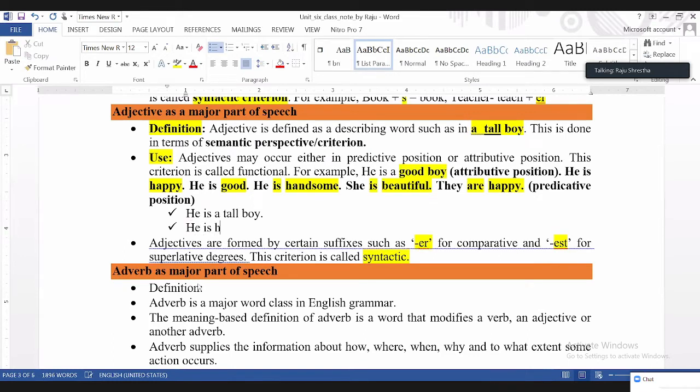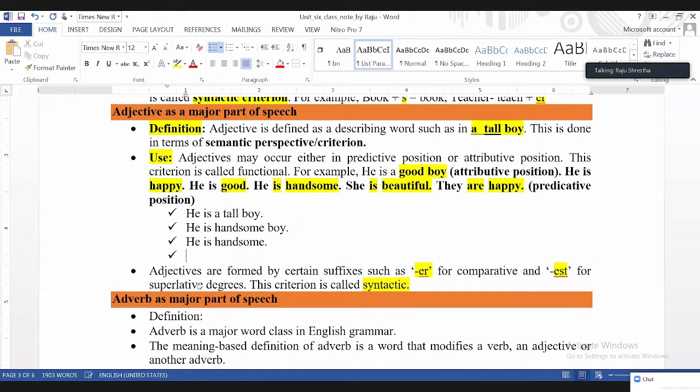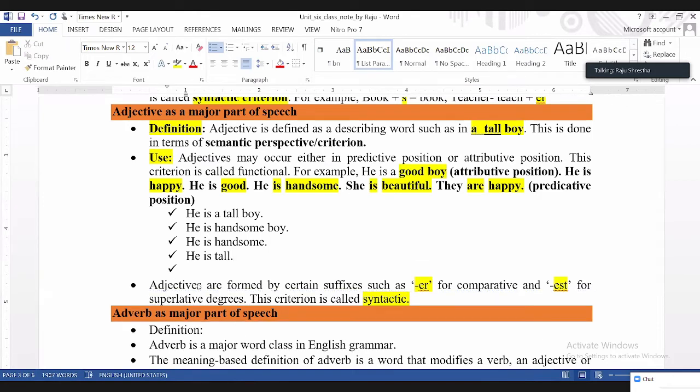He is handsome boy, you know. Hello, example: he is handsome and some, he is tall, you know. So यो एक्जाम्पलहरुबाट हेर्दाखेरि what we understand: tall is what, adjective before noun; handsome is what, adjective before object, can be noun phrase, you know.